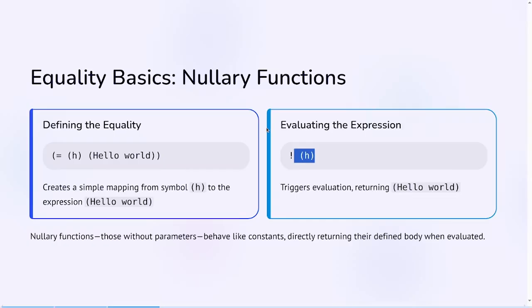Anything we encapsulate in brackets by default has the type of an expression. Since we have defined an expression to be equal to some reduced expression, whenever we call that expression, it will reduce or transform to something else. That is how we define functions or equalities in MeTTa.